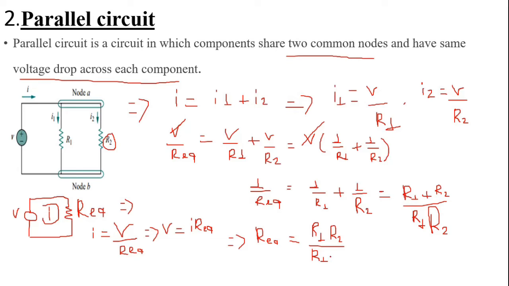So we can find the equivalent resistance of a parallel circuit by dividing the product of the resistances by their sum. Okay, this is how to find the equivalent resistance for parallel circuits.